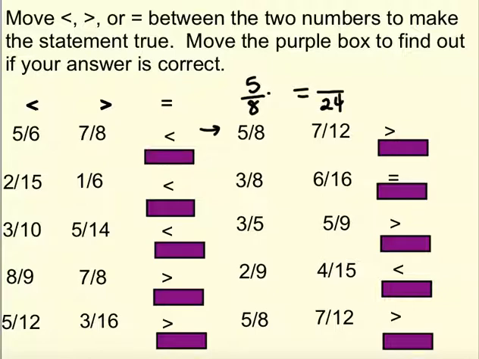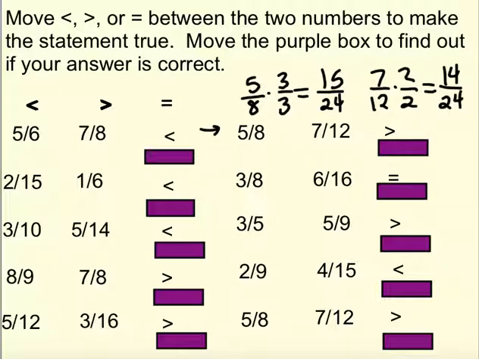Well, 3 times 8 is 24, so we have to multiply by 3 over 3. And for the 7/12, we would need to multiply by 2 over 2. So we get 14 over 24. Well, that means that 5/8 is greater than 7/12. Okay? You can look at all of these and follow the same procedure to find equivalent fractions so that you can compare and order your fractions.